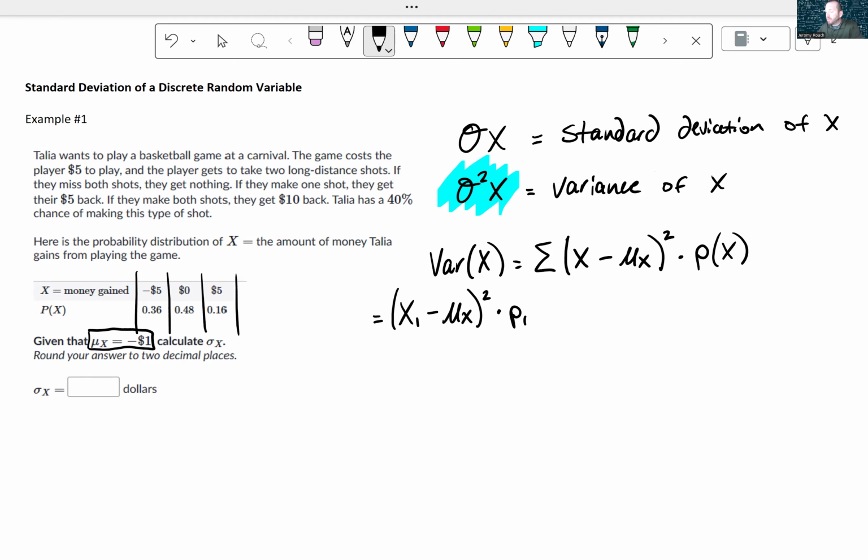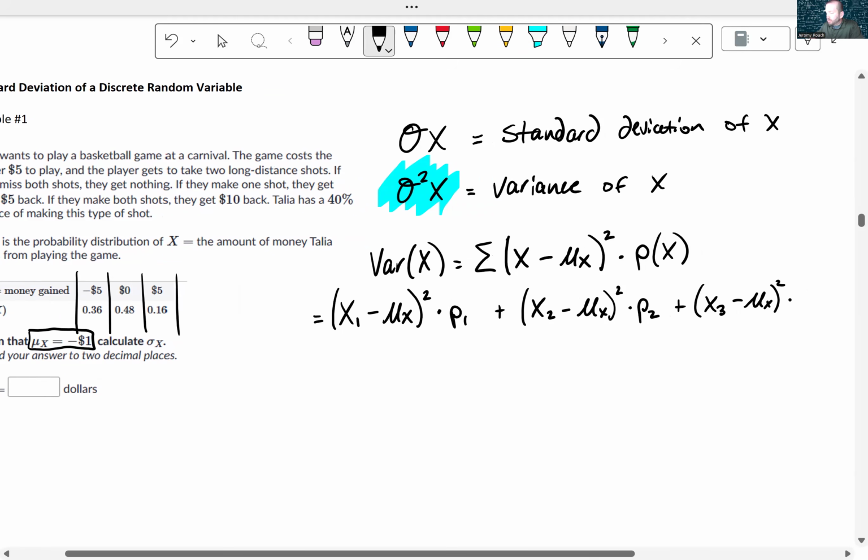And then we're going to repeat the process for each of our probabilities for each of these instances occurring. We only have three instances occurring, which is a good thing. That's a little less that we have to write out.